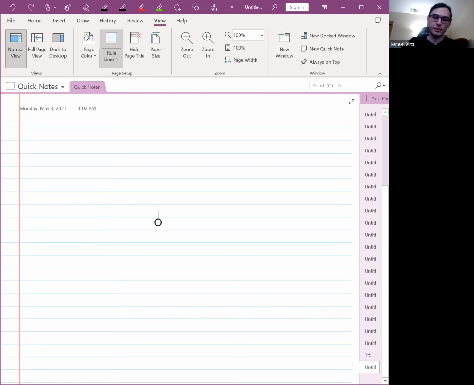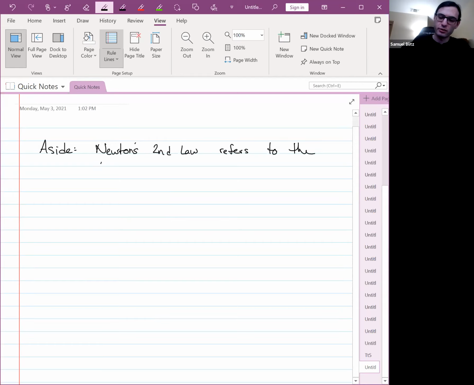So the first thing to note is that Newton's second law refers to the center of mass, or refers to the acceleration of the center of mass. And you guys probably know that, because I wrote subscript Cm next to Newton's second law.